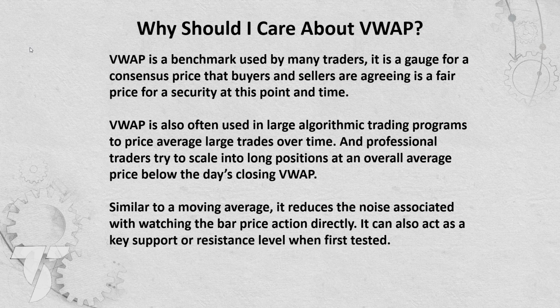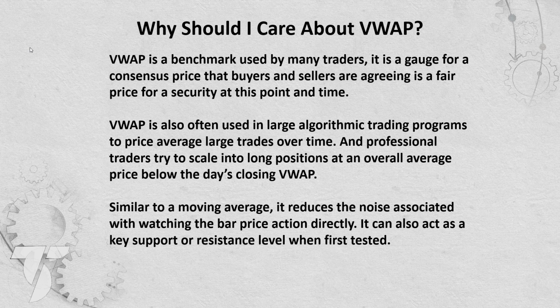It's also often used in large algorithmic trading programs. So there's these AI systems out there that are looking at VWAP and they are buying and scaling into positions. And the goal of the AI is to get in at a better price than the VWAP at the end of the day. So there's a lot of people buying and selling based on this VWAP value. So it's something we should pay attention to.